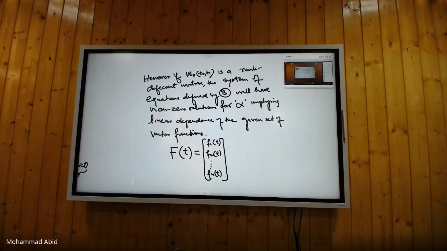So what's the procedure for that? What do you do actually? You make a Gramian matrix. And how do you define the Gramian matrix?